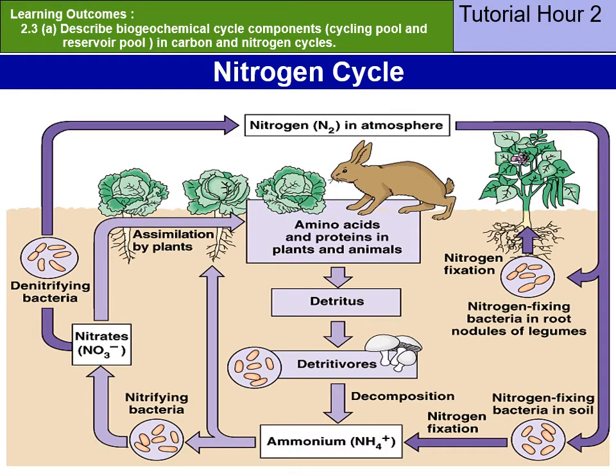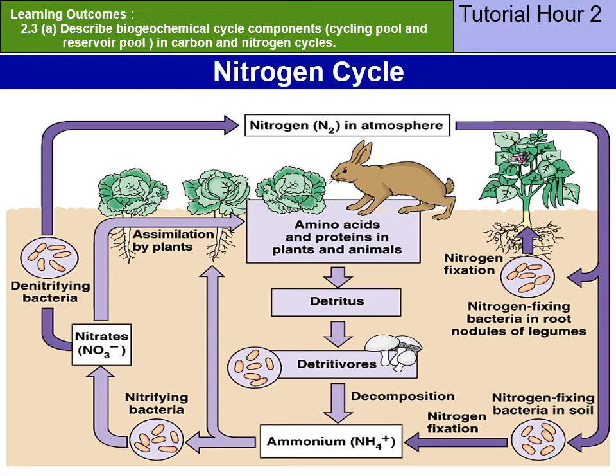Now we move to the nitrogen cycle. Again, what is the reservoir pool and the cycling pool for the nitrogen cycle? The reservoir pool for the nitrogen cycle is the atmosphere.